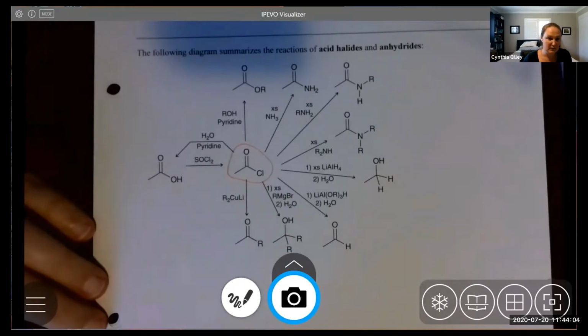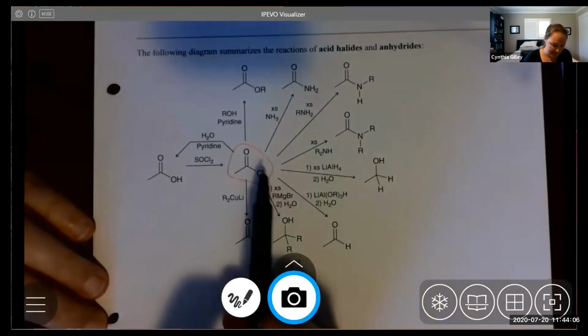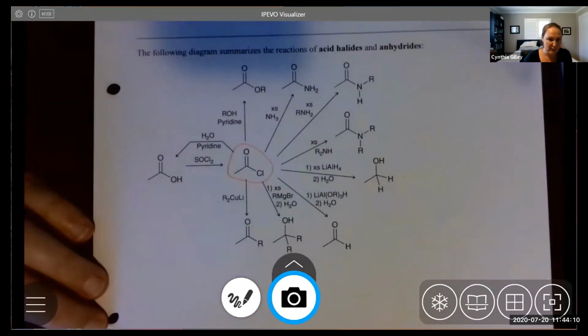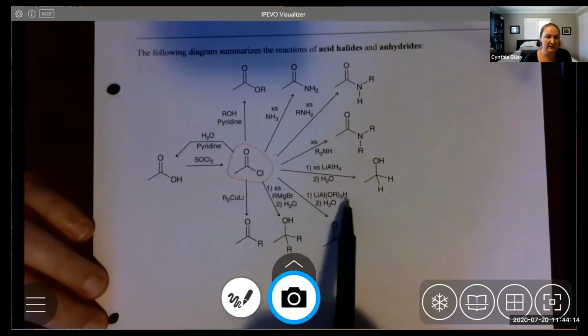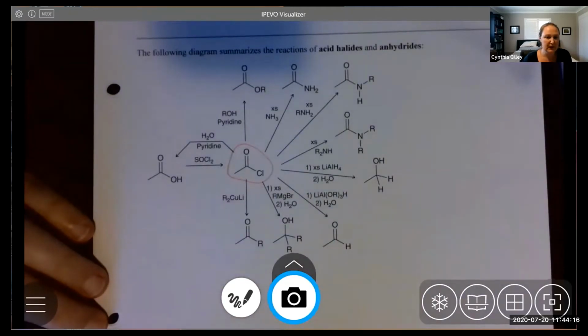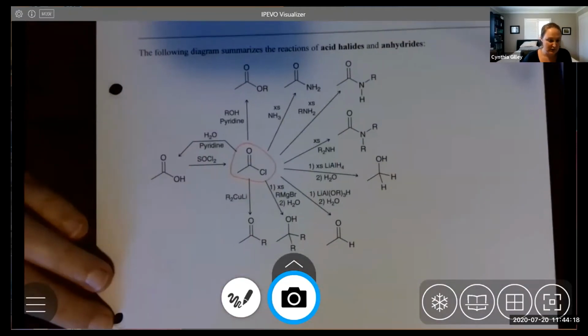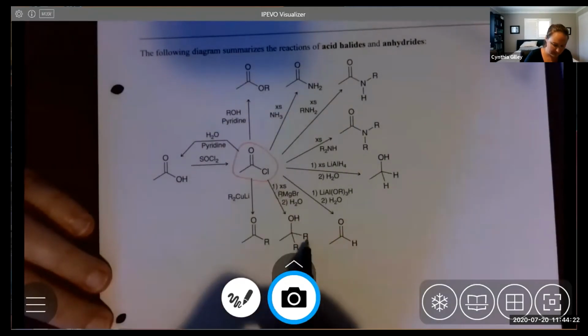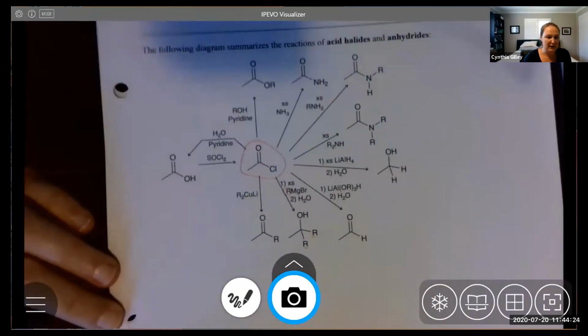And then we can also reduce it just like an ester with LAH, and we'll get the alcohol. If we want to stop at the aldehyde stage, we would use that bulky aluminum reagent. Grignards will incorporate 2 of the R group, right, to make a tertiary alcohol.